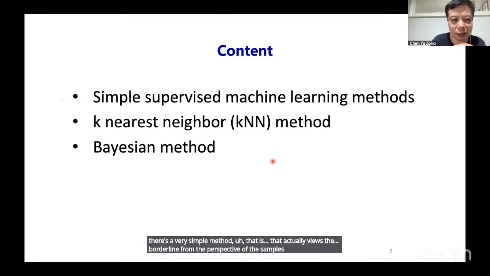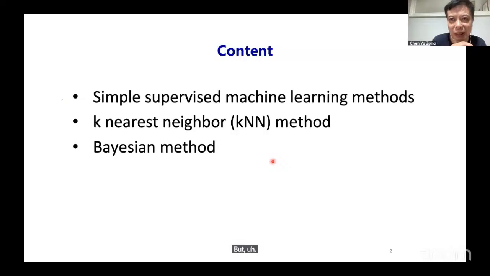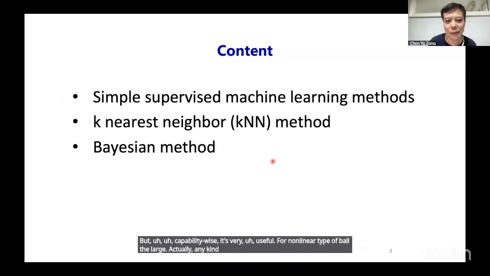This is called the K nearest neighbor method. Algorithm-wise, it's very simple, but capability-wise, it's very useful for nonlinear types of borderlines. Actually, any kind of nonlinear borderline it is supposed to be able to handle. But of course, there's a catch. We're going to talk about it later on.